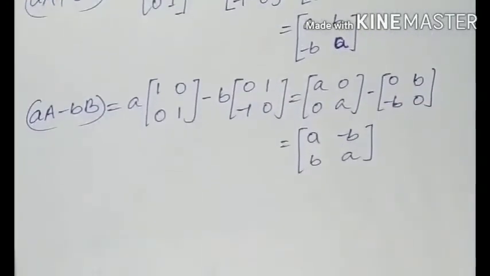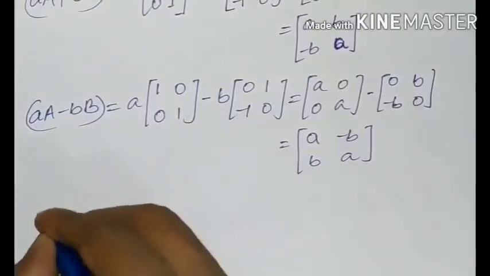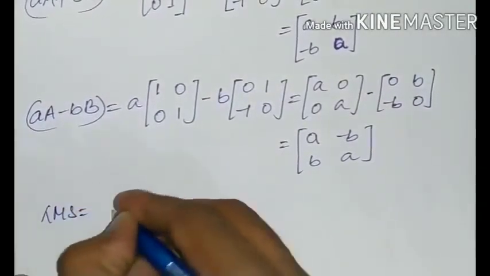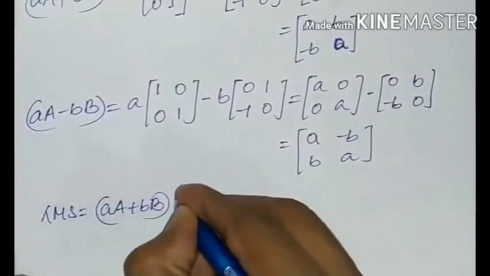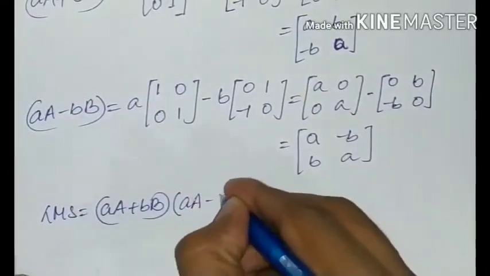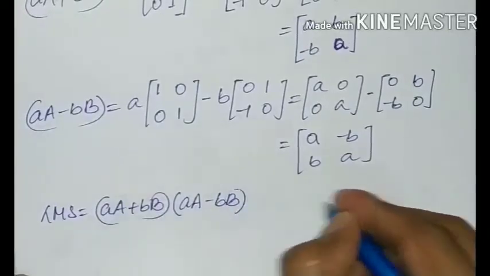Okay, and the given left hand side is equal to (aA + bB) into (aA - bB).